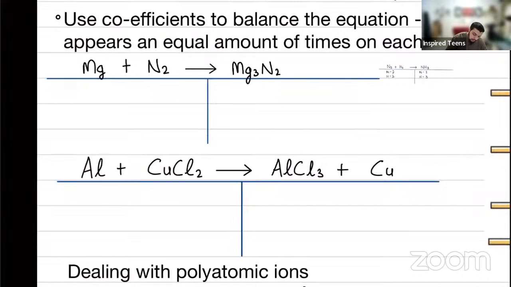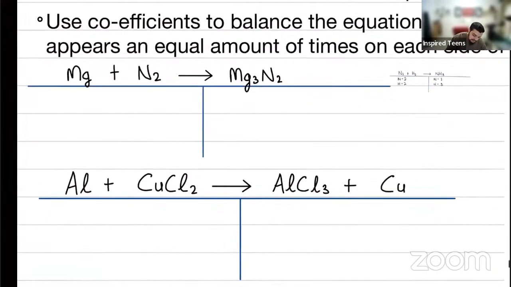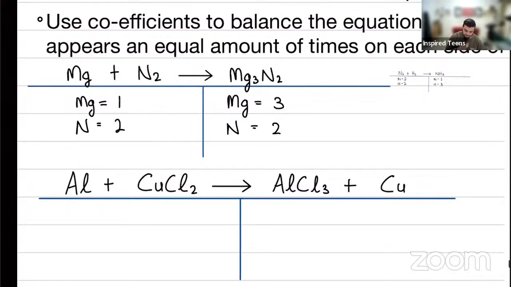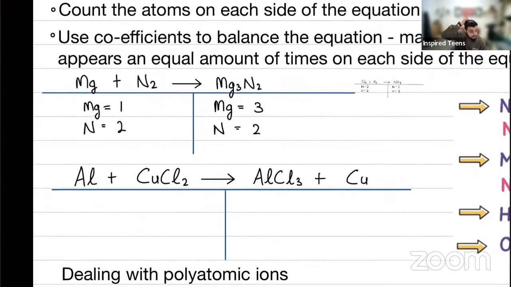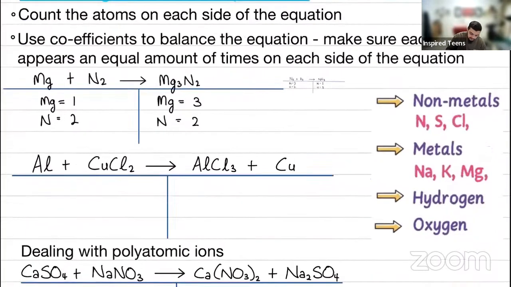So we follow step 1, count the atoms on each side. On the left-hand side, magnesium, I have 1, and nitrogen, I have 2. On the right-hand side, magnesium, I have 3, and nitrogen, I have 2. Next step says use coefficients to balance the equation. Make sure that there's an equal amount of each atom on each side of the equation.